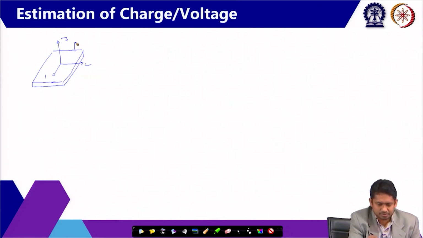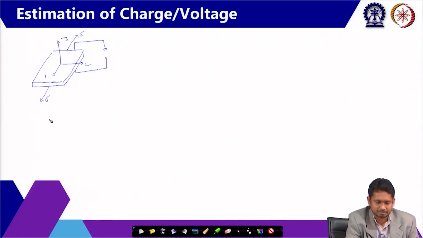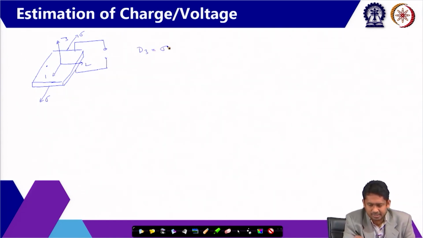Suppose we are finding the voltage across the 3 direction, and this patch is under a normal stress sigma 1, and it is polarized in direction 3. In this case, by solving the same equation, we get D3 equal to sigma 1 into d31.